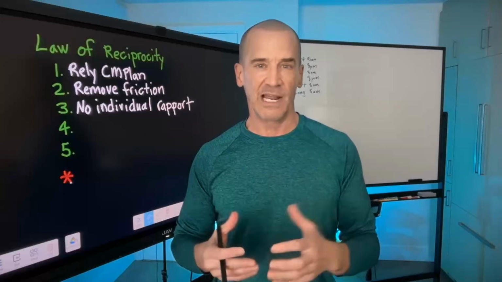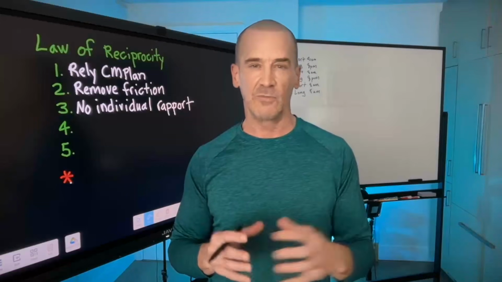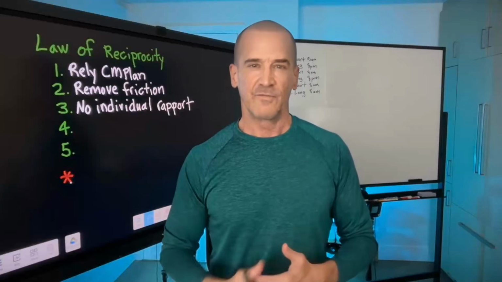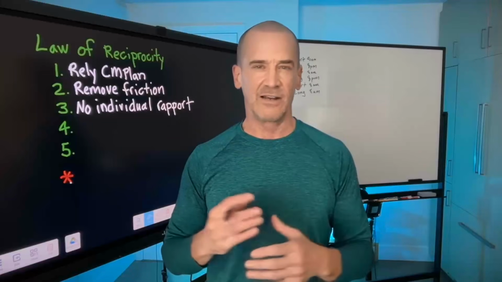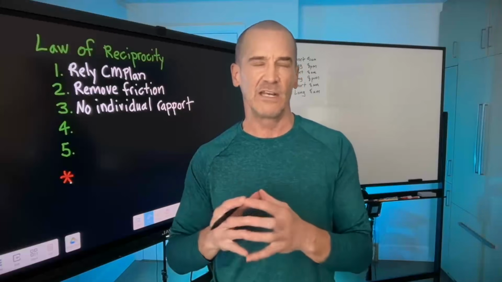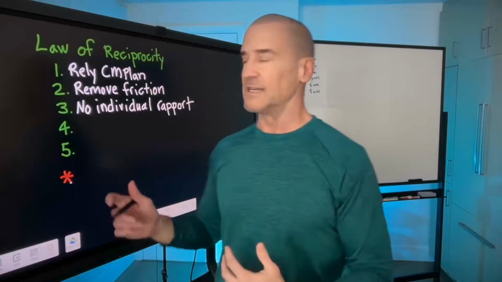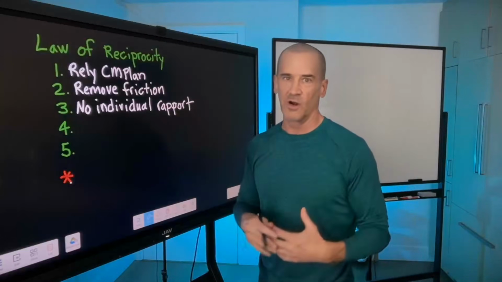It also can bring up lots of feelings of you playing favorites and jealousies and friendship drama and all this sort of thing, and students being confused about what your relationship is with them. And so no individual rapport whatsoever.